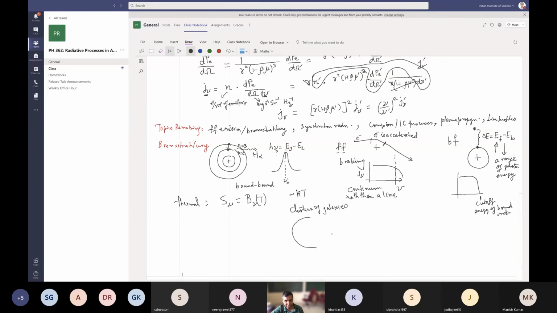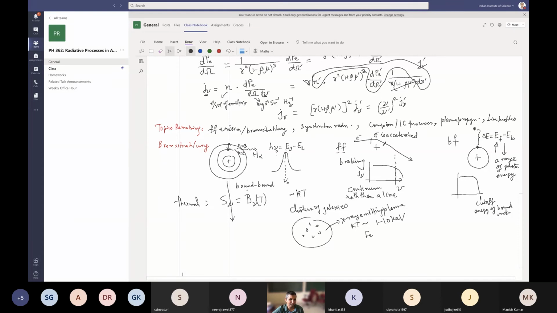Clusters of galaxies are like deep potential wells where you have many galaxies, and there is a lot of X-ray emitting plasma. The temperature is like 1 to 10 keV. At these temperatures, almost all the ions, except for iron, which is a common species, are fully ionized.